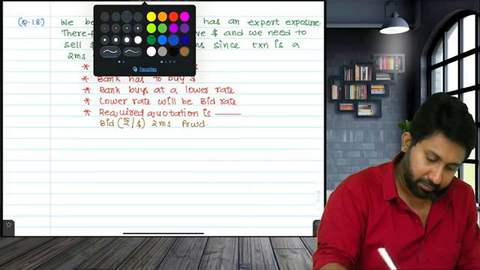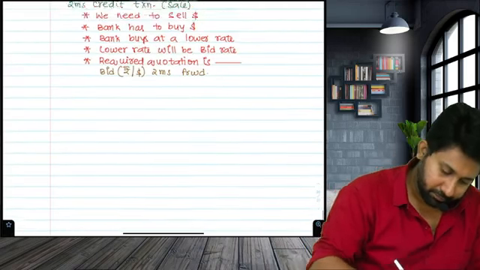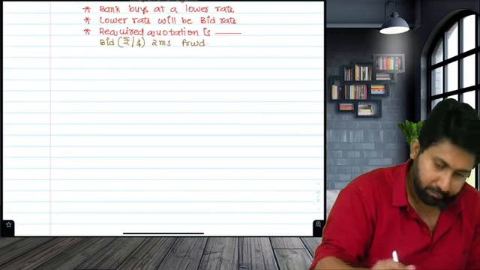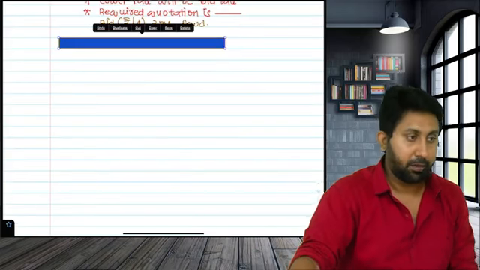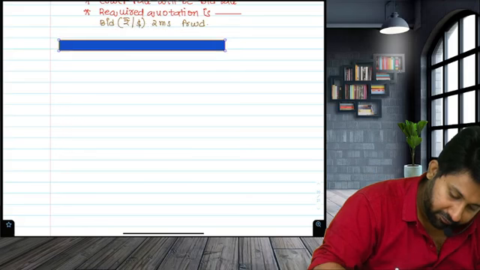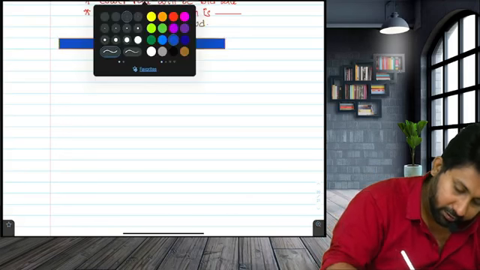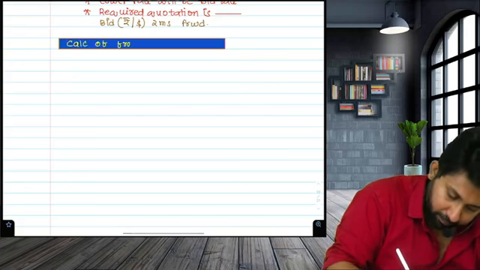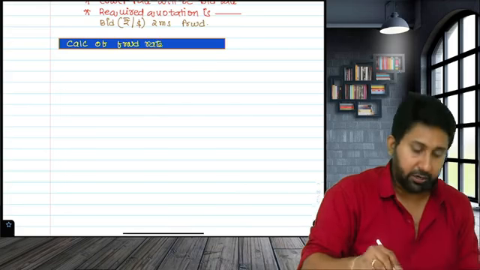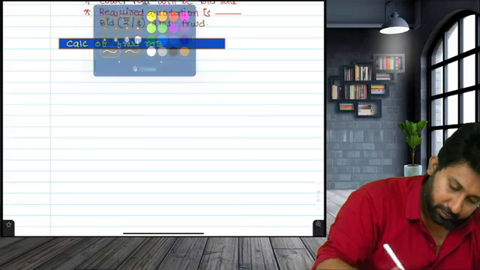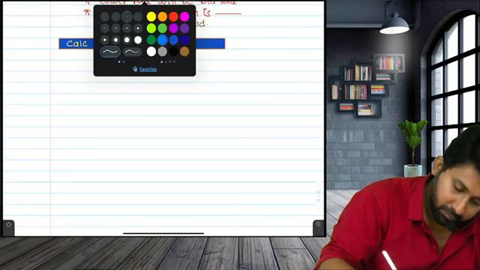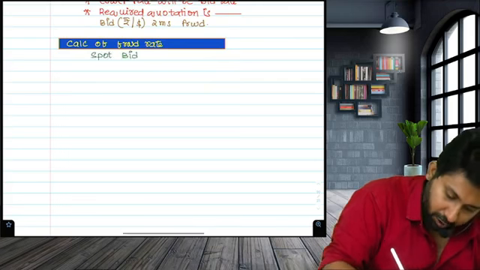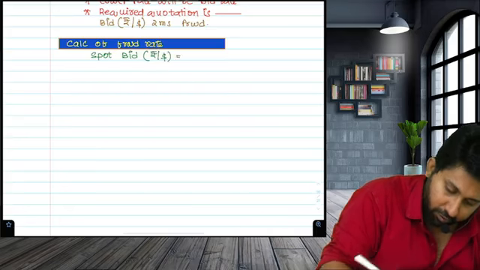Next one. Now write down. Calculation of forward rate. Spot bid of rupee by dollar.